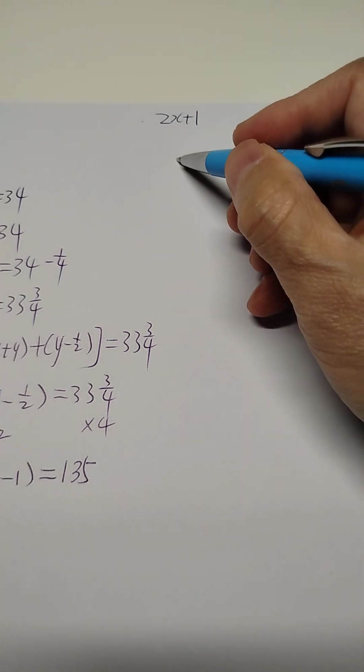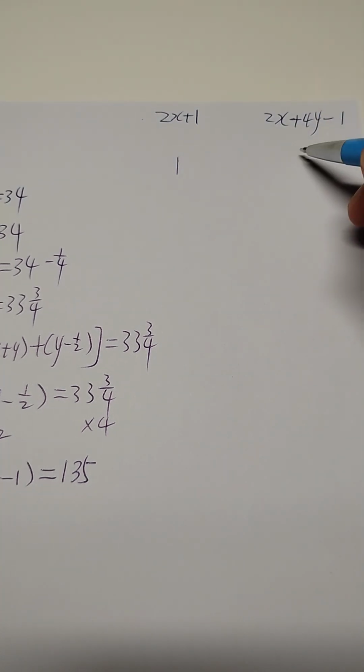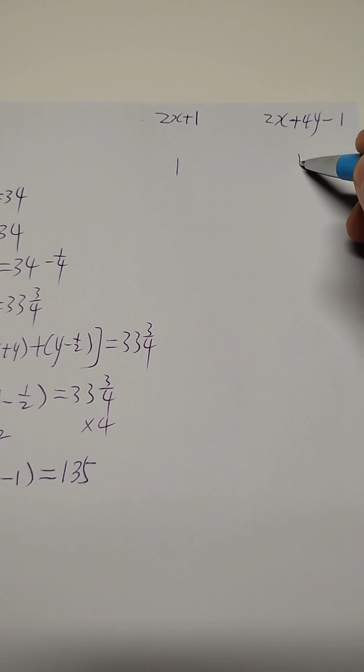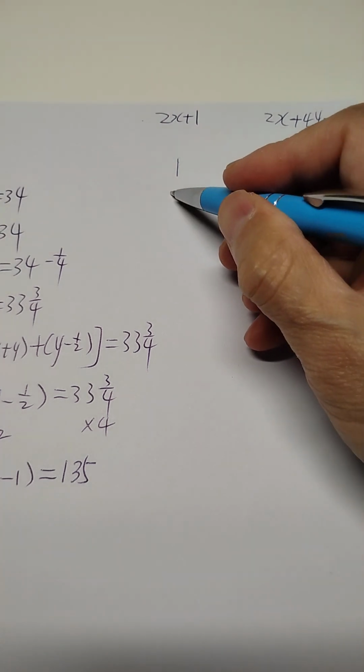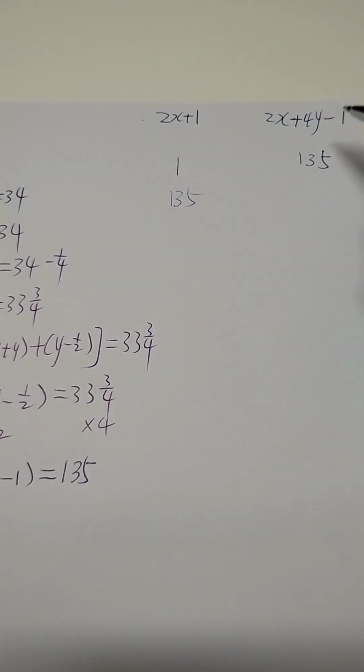So if it is 1, the other should be 135. Of course, if it is 135, the other should be 1.